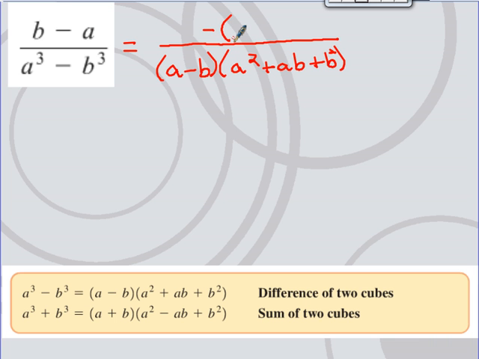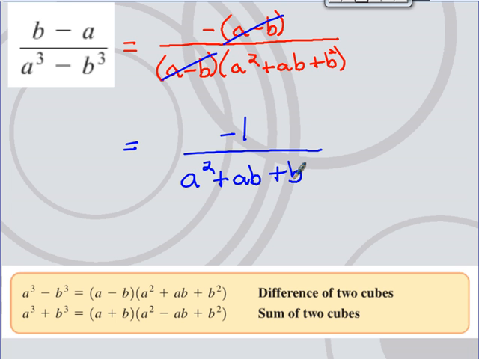Factor that negative out of it. B now turns into negative b. Negative a now turns into positive a, and you can flip-flop them. Now it's a minus b. Now you can cancel them. You're left with, on top, -1. On bottom, you're left with a squared plus ab plus b squared.